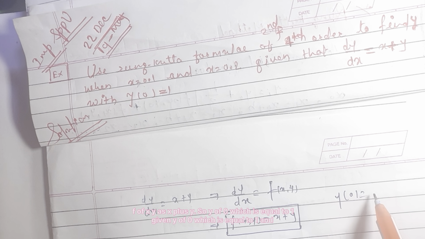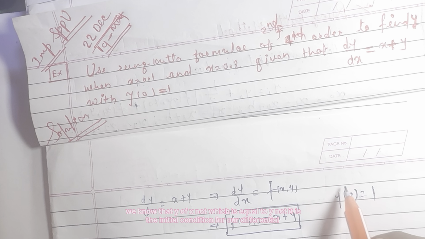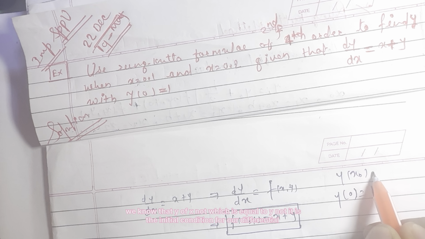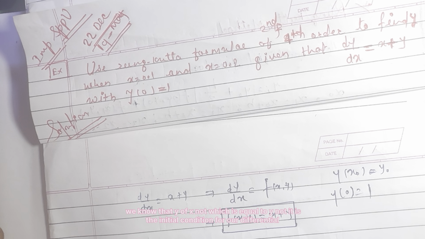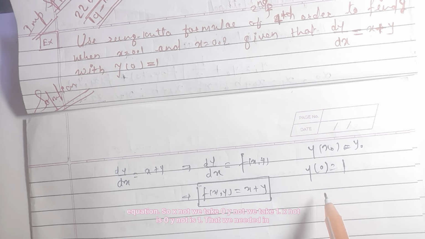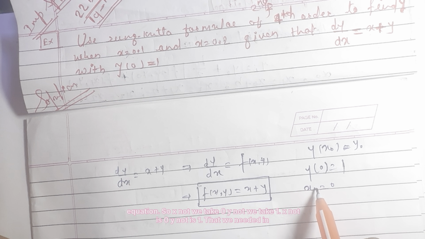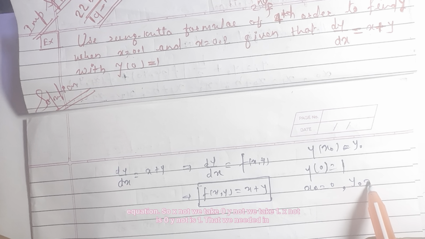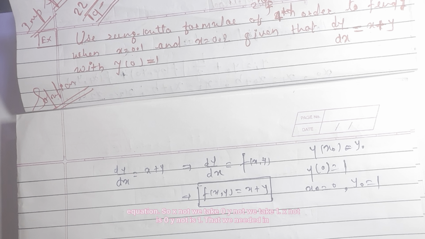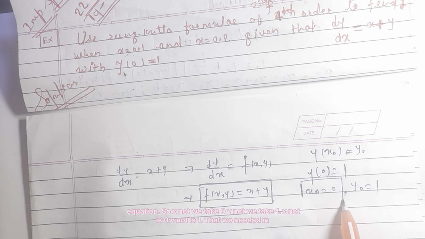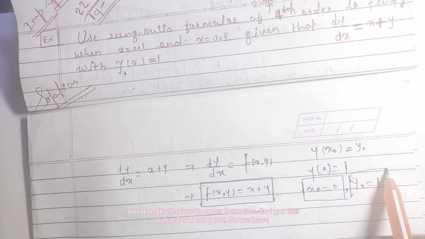We know that y of x naught equals y naught, which is the initial condition for our differential equation. So x naught is 0 and y naught is 1, which we need in our Kutta fourth order formulas.